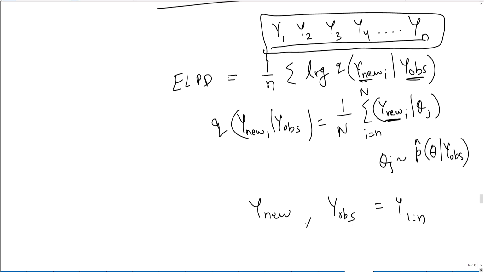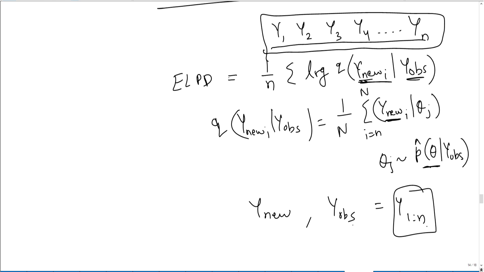What does that mean? That you train your model on this data y1 to yn. Basically, you estimate the posterior distribution of theta using this data y1 to yn, right. Then you will get samples from the posterior, and you calculate ELPD using the same data y1 to yn.